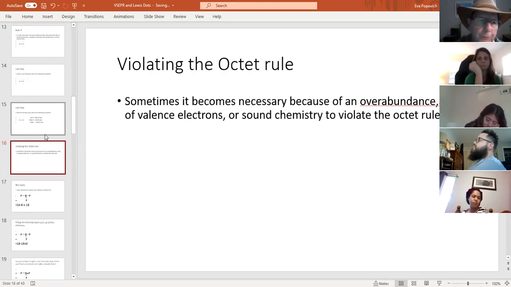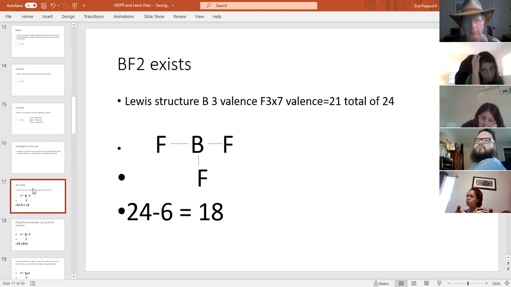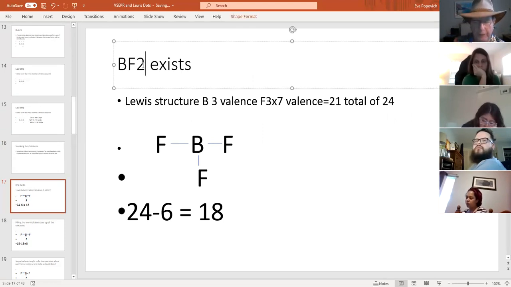Now, there are circumstances that make it impossible to maintain the octet rule. If I have BF3, my boron has 3 valence, my fluorine has 3 times 7 or 21, so I have a total of 24 valence electrons.